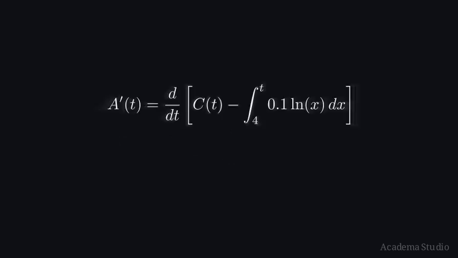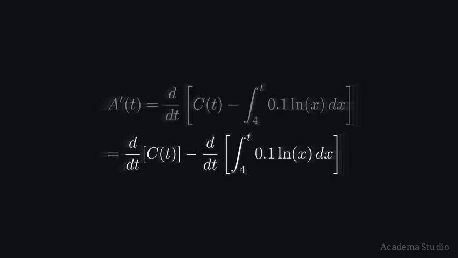First, differentiate A(t). The derivative of C(t) is C prime of t. For the integral, we use the fundamental theorem of calculus. Since the upper limit is t, the derivative of the integral is the integrand evaluated at t.